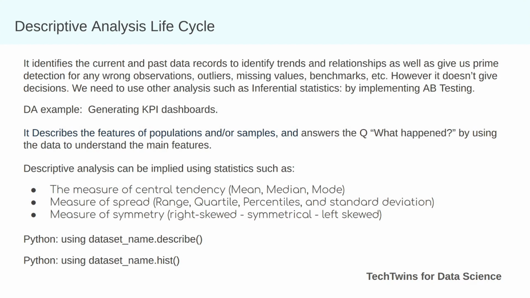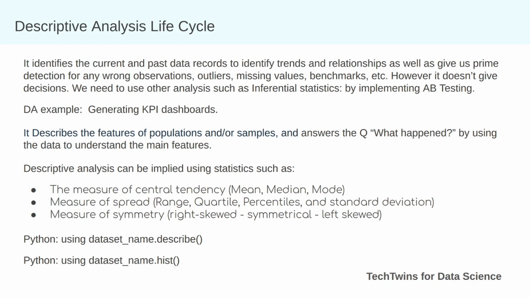Descriptive analysis can be employed using statistics such as the measure of central tendency: mean, median, mode. Also the measure of the spread such as range, quartile, percentiles, and the standard deviation, and the measure of symmetry: right skewed, symmetrical, or left skewed.